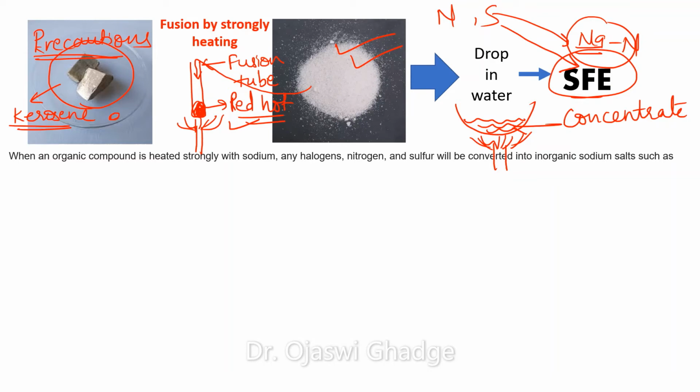If there are any halogens present in the structure of this compound, then those halogens are now present in the sodium fusion extract. They all are now dissolved in this aqueous extract, present in ionic form.